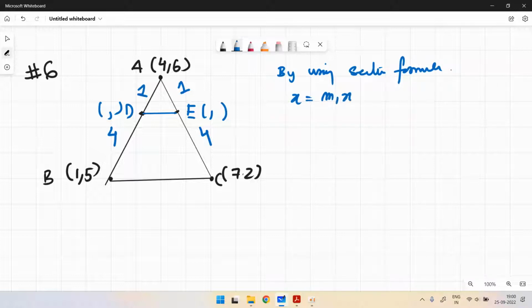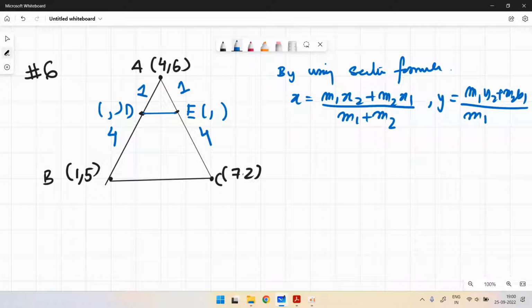This is m1, x. m1 x2 plus m2 x1 by m1 plus m2 is your x, and y is m1 y2 plus m2 y1 by m1 plus m2. This is your y.